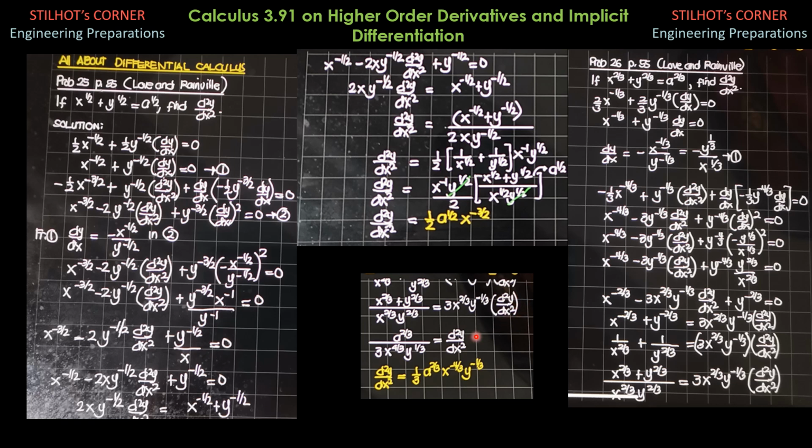So finally, simplifying this expression, the second derivative of y with respect to x is equal to 1/3 a to the 2/3. Then we put the denominator variables into the numerator, so we have x to the negative 4/3, y to the negative 1/3. So that's it. That's the answer for this second exercise.